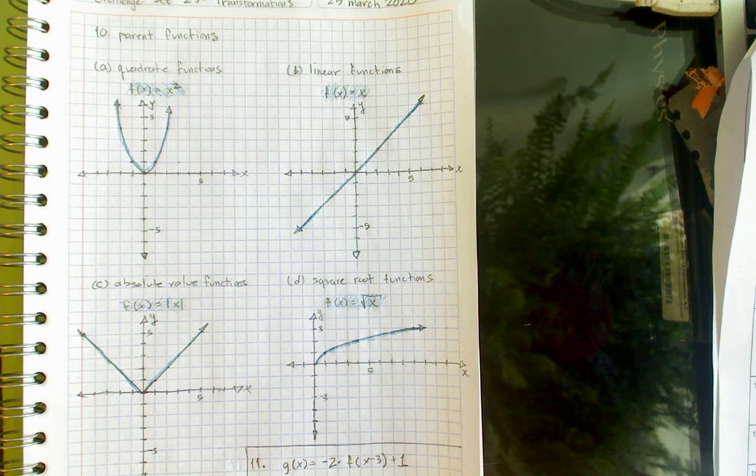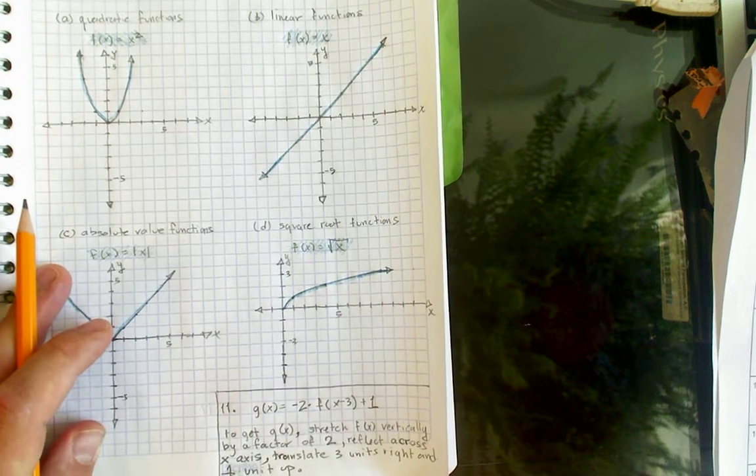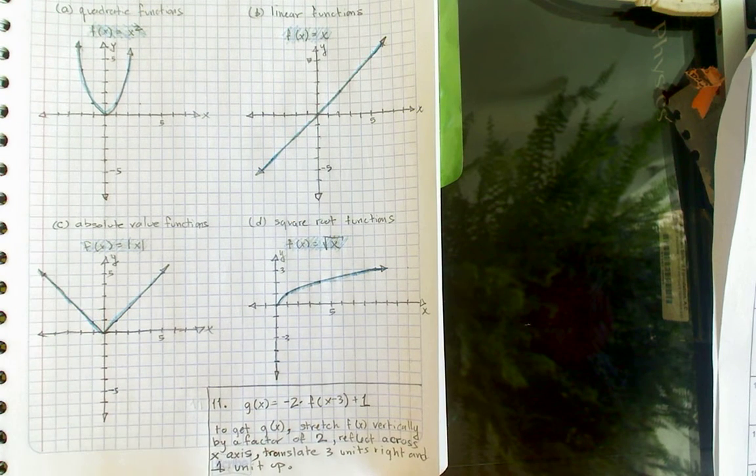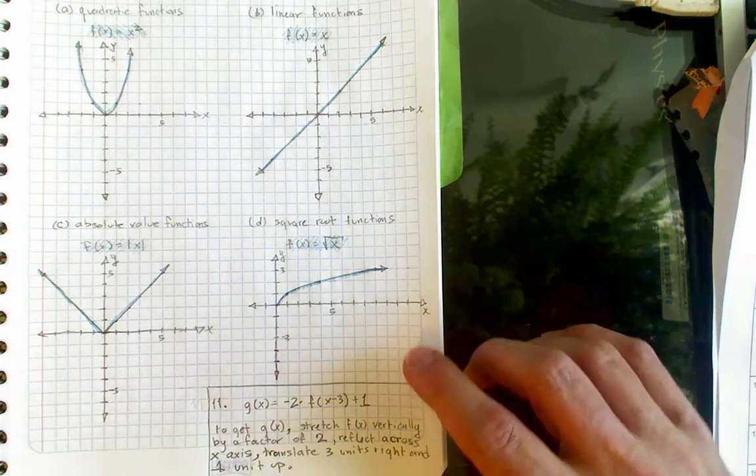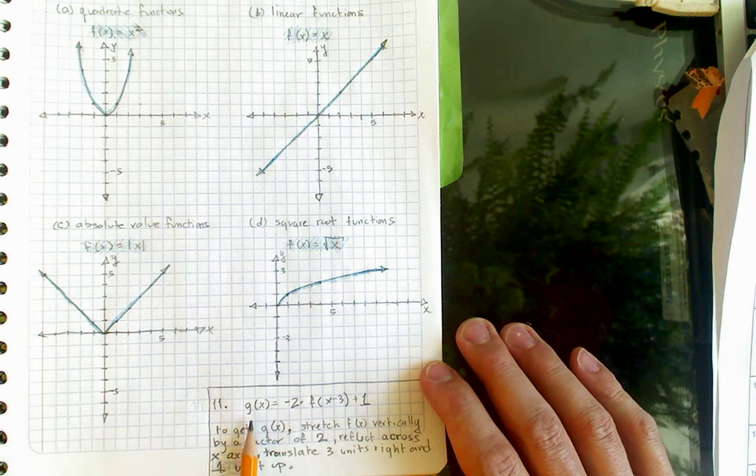So our task now is to add to each of these graphs the transformed function g of x. And I've added a note down here to help us out. This is really most of my solution to question 11. Here's the function as it was given to us.